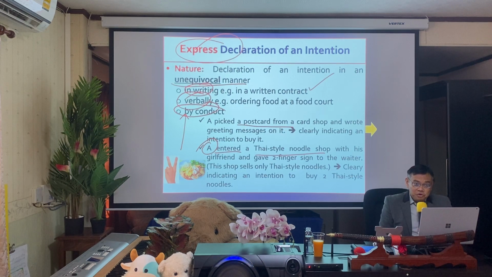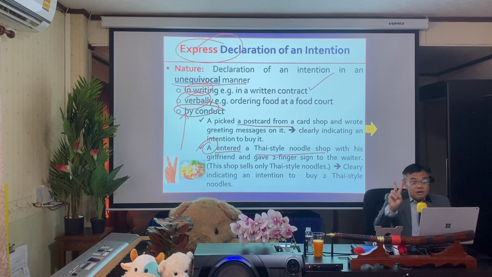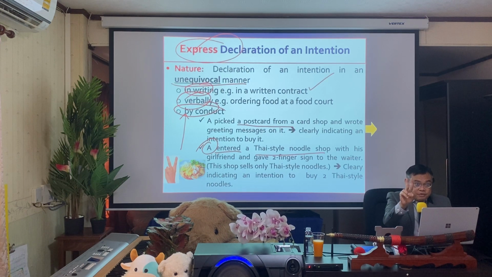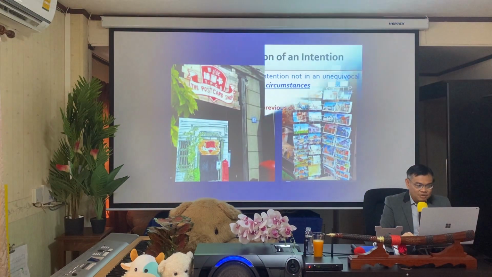It is clear that when A pops into this noodle shop and shows the two finger sign, that means he wants to order two Thai style noodles. It is clear because showing the two finger sign can be understood as making an order of two noodles, not anything else. So this is clear again from the conduct.